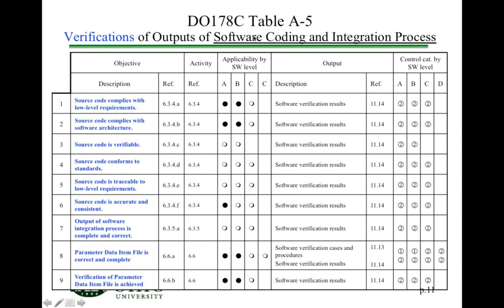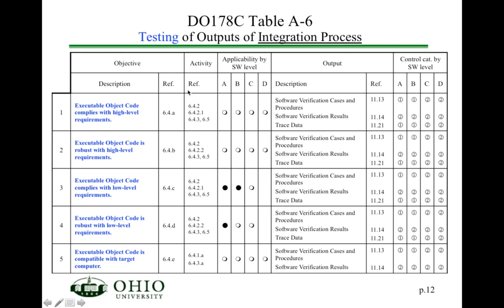Now, if you go again one level of hierarchy down, we're going to software coding and integration. There's also a set of verification activities, which are given right here. Now, there are some specific testing objectives in DO-178C that you really didn't see in DO-178B. You can see here, this really results in that the executable object code that you have complies with the high-level requirements.